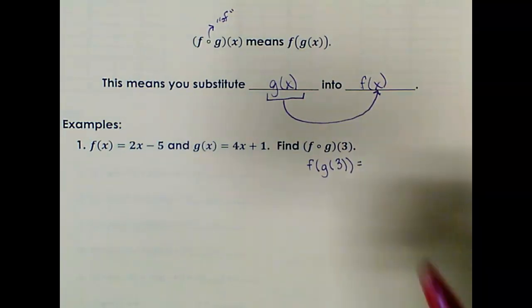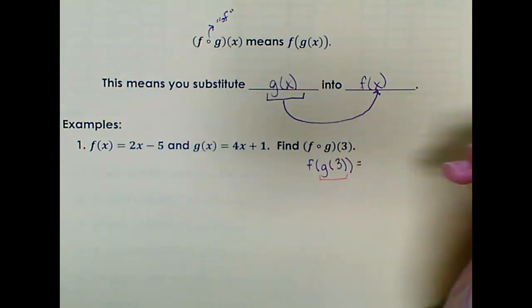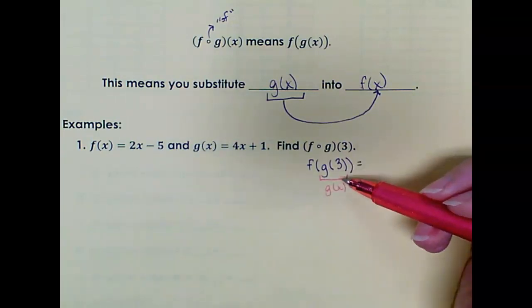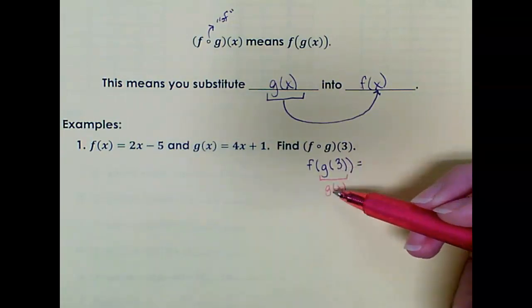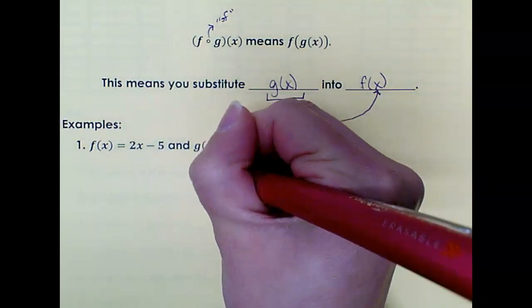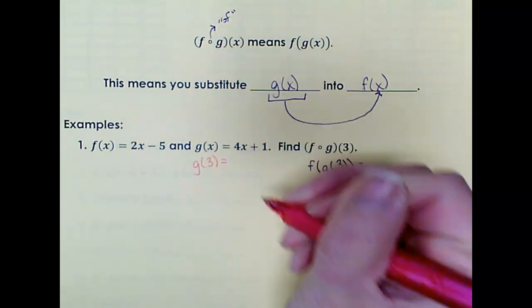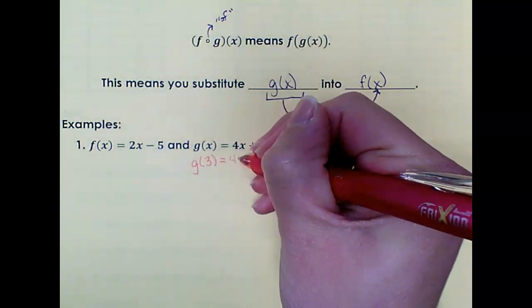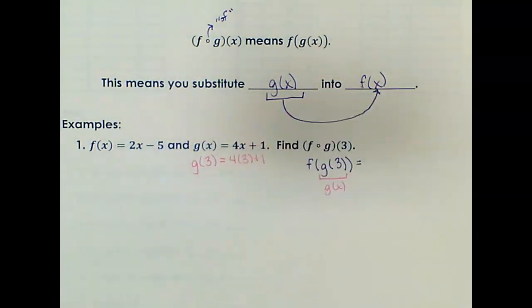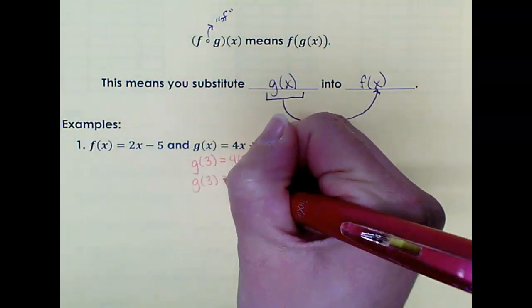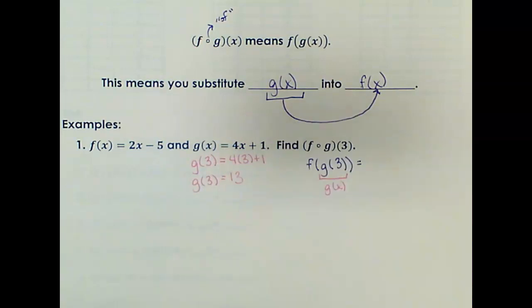From the inside, I have g of 3. That's kind of like g of x, so what that means is that your x value is 3 in the g function. I'm going to go ahead and find g of 3, meaning I'm going to replace all my x's with 3's in my g function. So 4 times 3 plus 1. 4 times 3 is 12, and 12 plus 1 is 13.